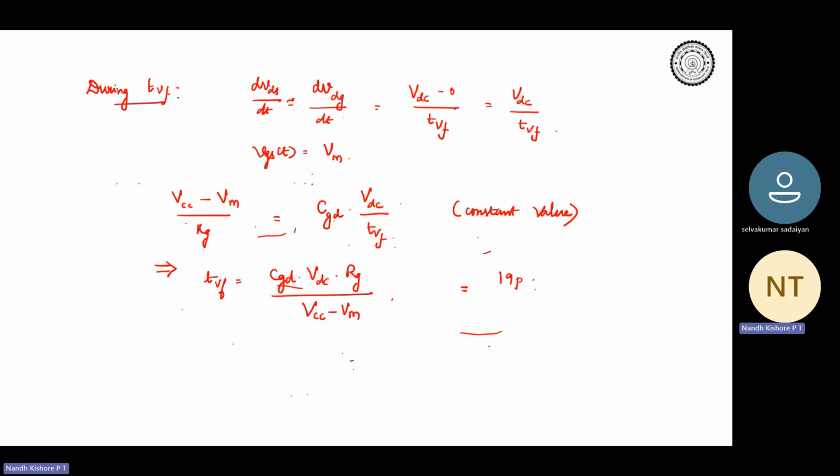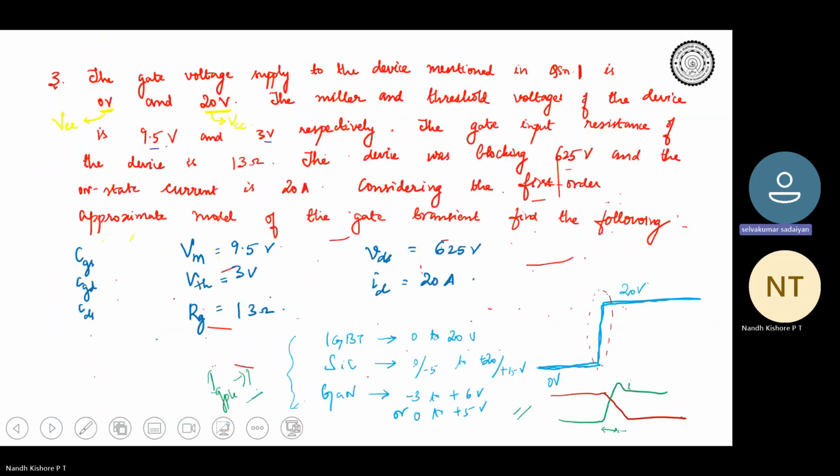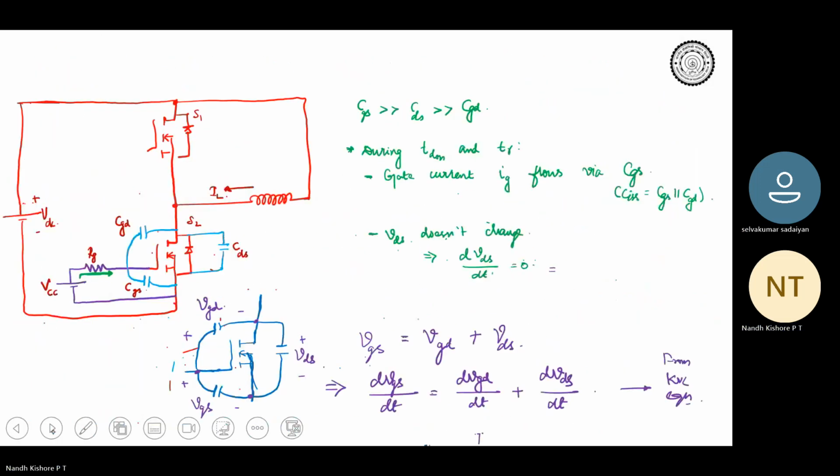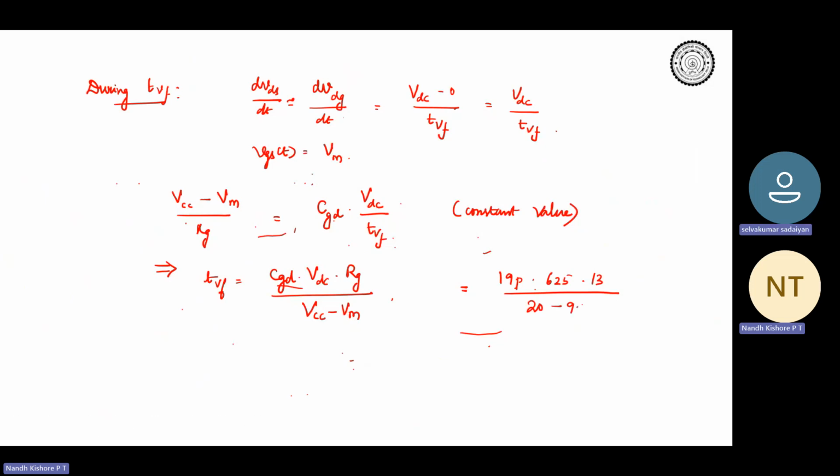So 19 pico into VDC, which was 625 volts. VCC was 20 minus VM was 9.5. Okay, so you will get what is TVF.